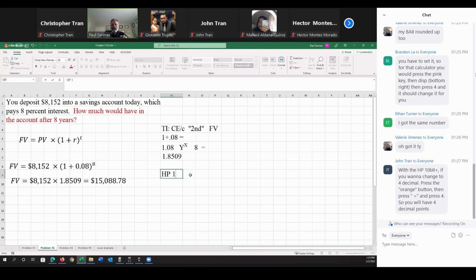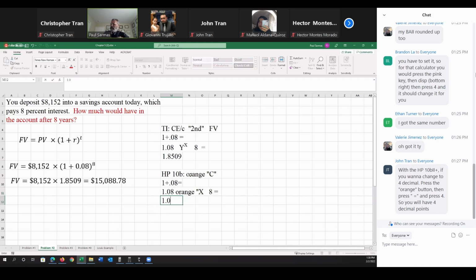On the HP 10B calculator, you clear it by doing orange and C. And you do the same thing, 1 plus 0.08, and you put equal. The calculator will say 1.08. You do the orange and multiplication sign, and that will give you y to the x, 8.